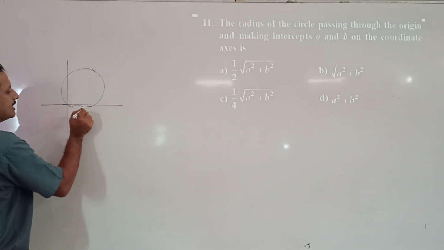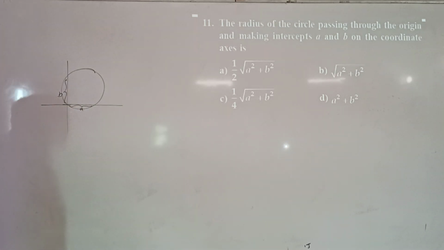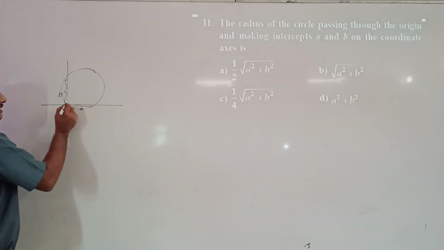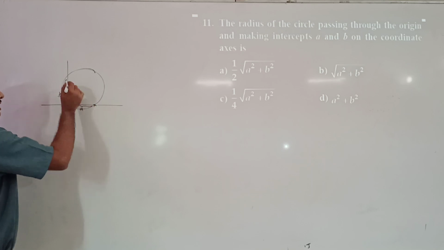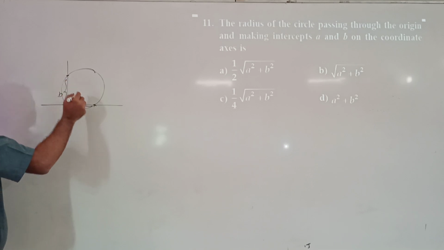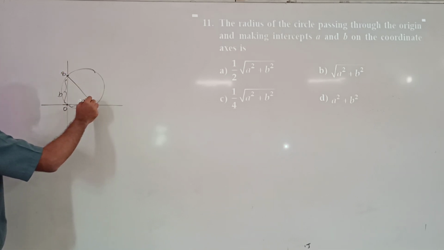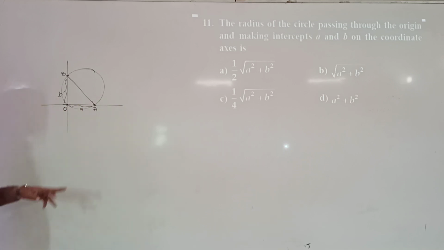That means this length is A and this length is B. We are talking about a circle which passes through origin and makes an intercept of A on x-axis and B on y-axis. Now I will join these. I will call this A. This is O. This is B. Join this here. Okay. Now look at this angle.